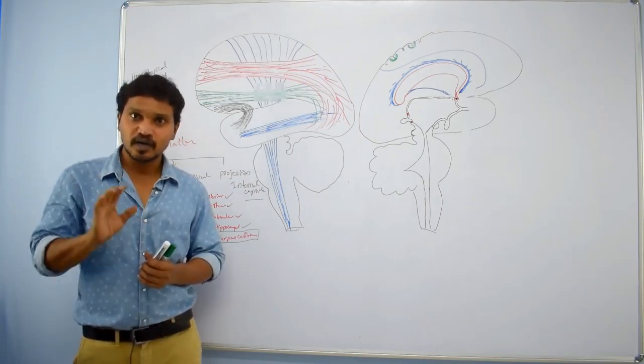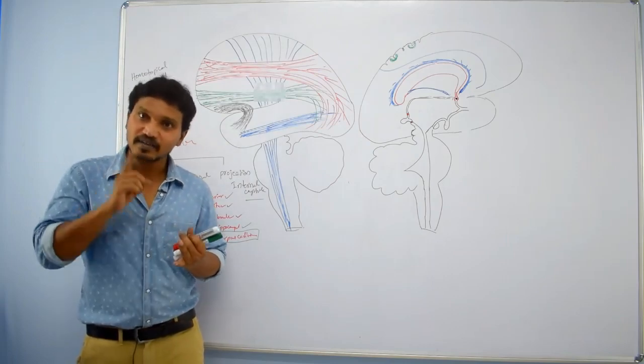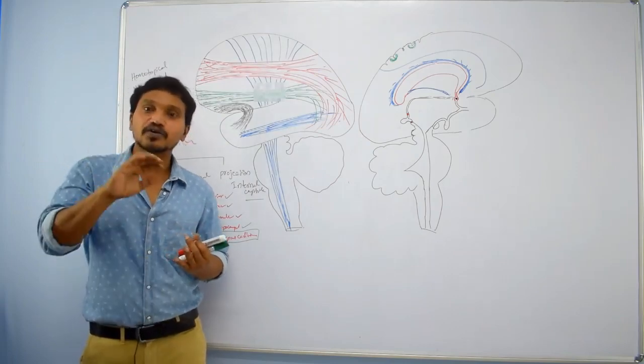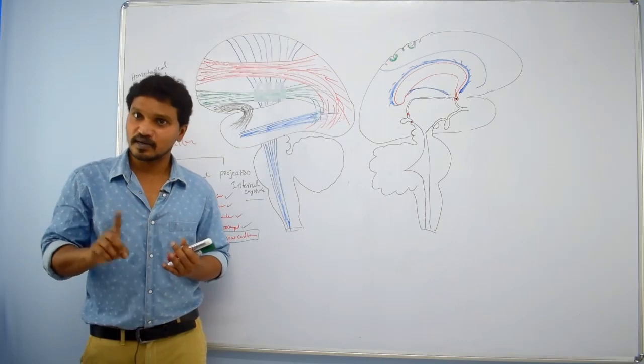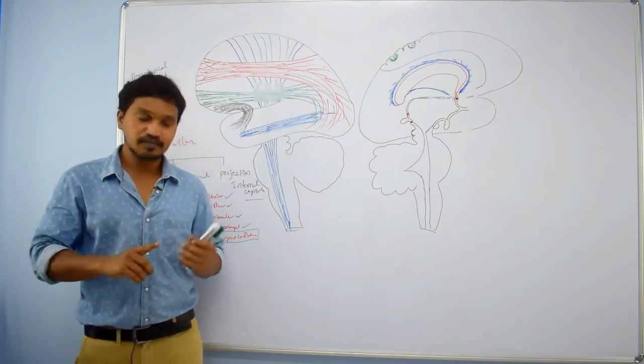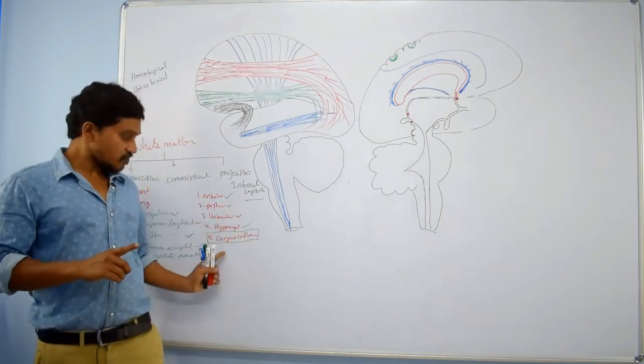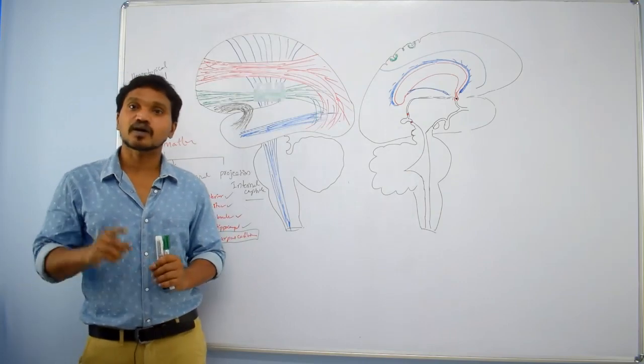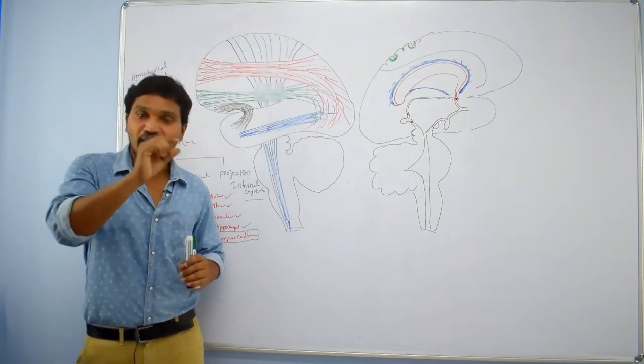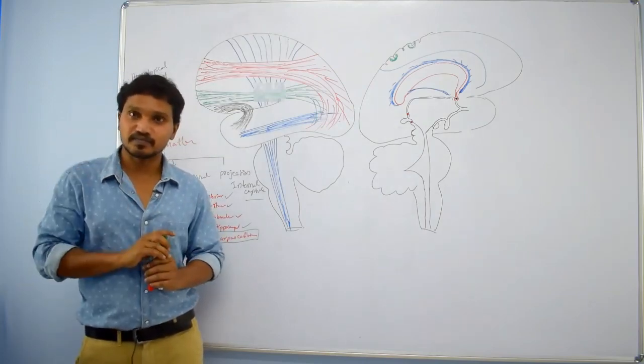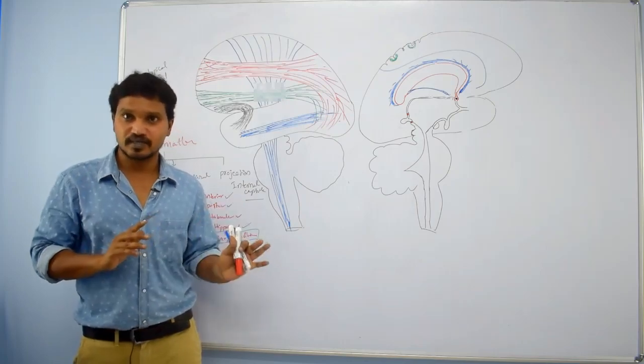This is one point, and it connects the neocortex. Clear? This is another point. Then the fibers of corpus callosum are the axons of pyramidal cells. Axons of pyramidal cells. Clear?